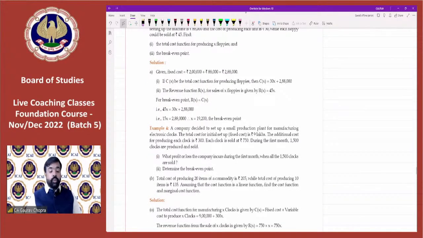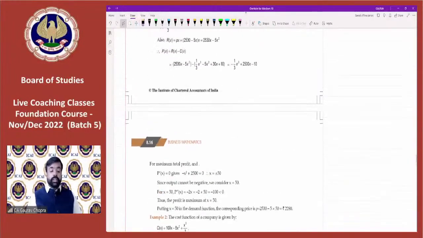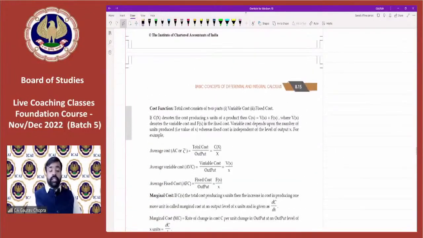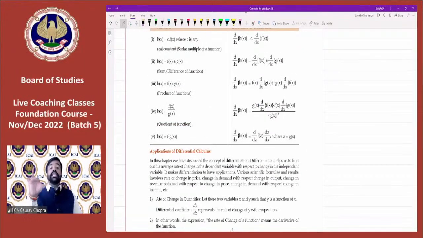So all these topics will be relevant. Revenue functions, all those which you have learned in your economics, will be relevant in our next session. So we will be doing applications of differentiation. Today we have learned how to differentiate, and after that we will apply all that differentiation in economics problems. Okay.